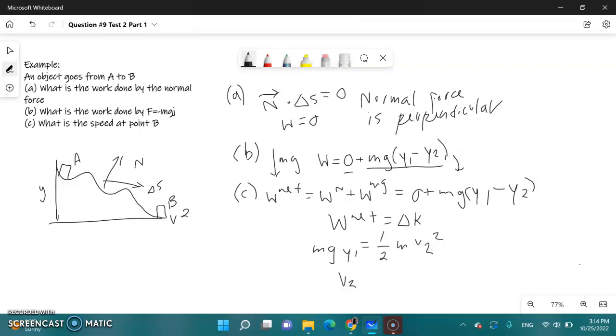Then the final velocity squared would give us 2g times y1, and then v2 would ultimately be the square root of 2g times y1. And if we had those values, we would just plug them in, and this would give us the final speed at point B.